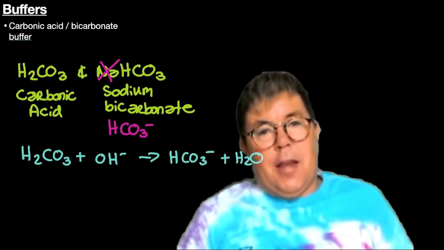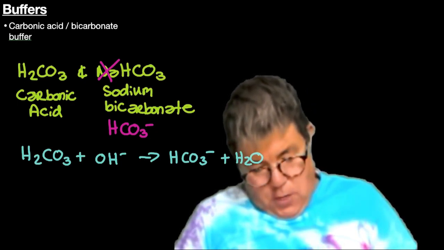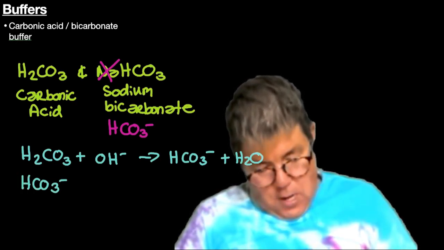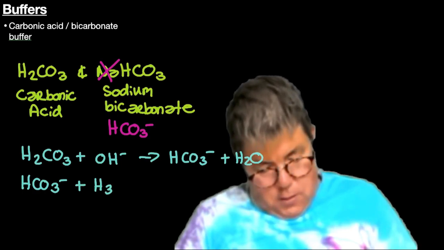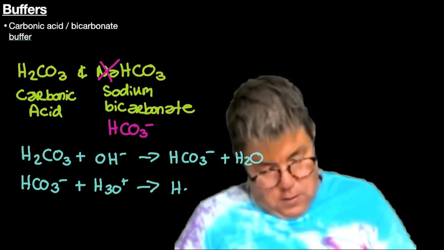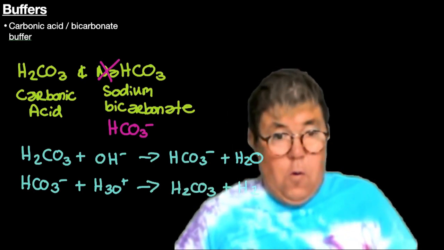If we were to add an acid to this buffer, we could take HCO3 minus plus H3O plus, which will give us H2CO3 plus H2O.